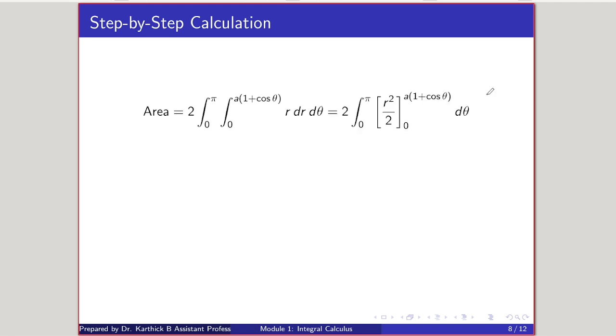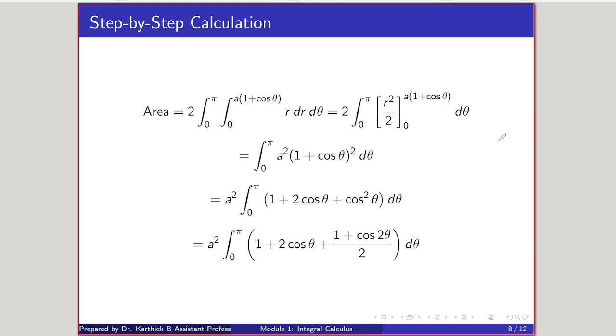On the next step you will get r square by 2 with limits 0 to a into 1 plus cos theta. Then we substitute the limits in place of r square. The 2 gets cancelled. Instead of r square, you substitute a into 1 plus cos theta, which makes a square, separately, and 1 plus cos theta whole square. We have studied the formula for a plus b whole square.